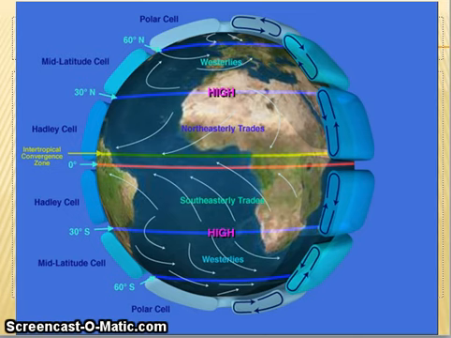And these mid-latitude cells are responsible for the westerlies, both in the southern hemisphere and the northern hemisphere. So it's really important to understand how the Hadley cells work, primarily the movement of those weather systems and the creation of deserts.